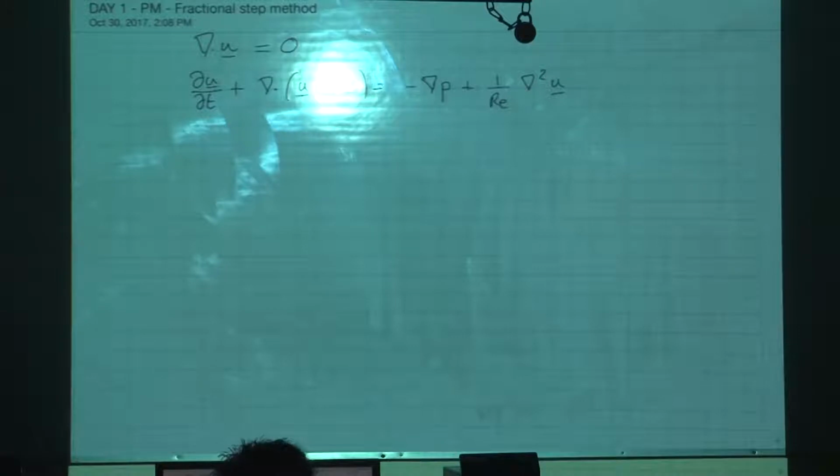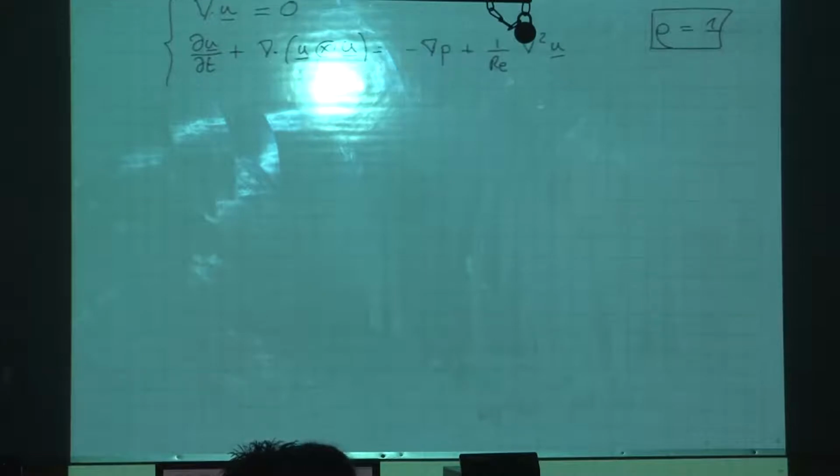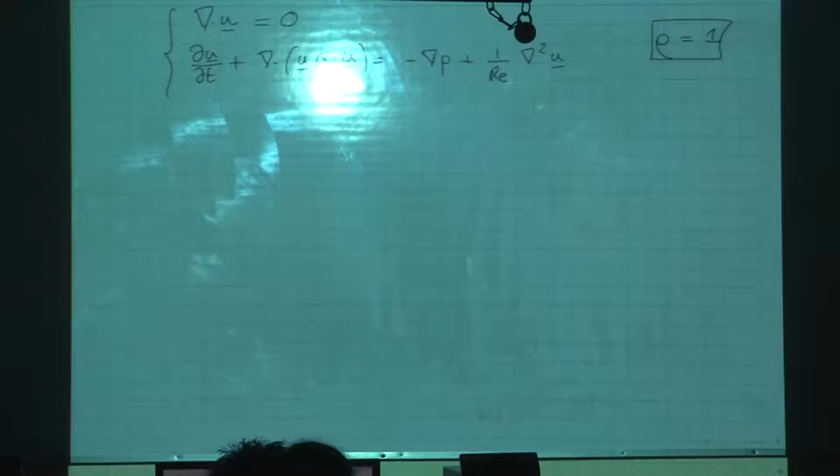This is what we're going to solve. I'm making my life very easy here by saying rho is equal to 1. I'm not worrying about any of that. This is the problem we're going to be dealing with, and we're going to put together a scheme that allows us to solve simultaneously for U and P.